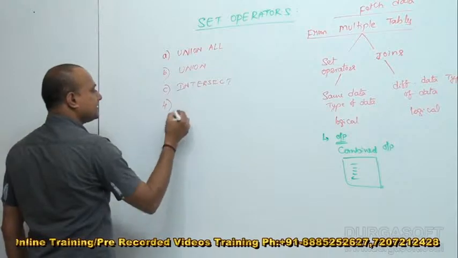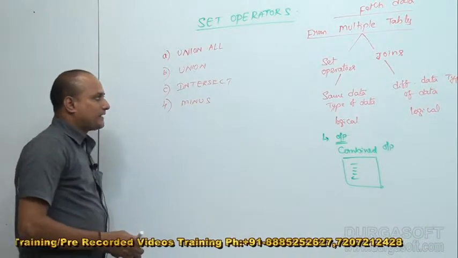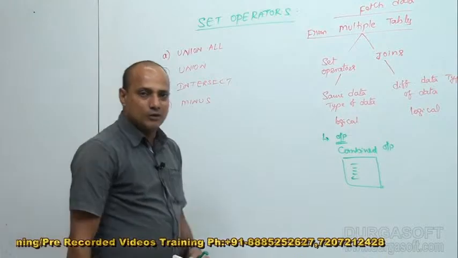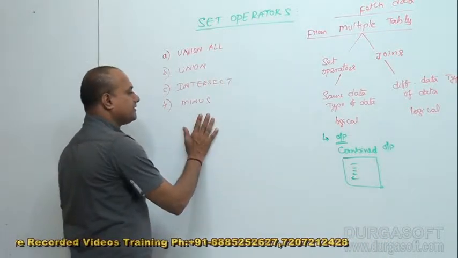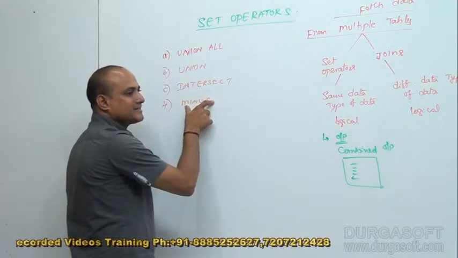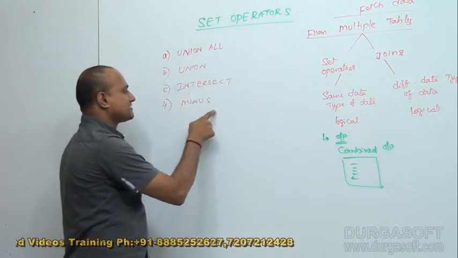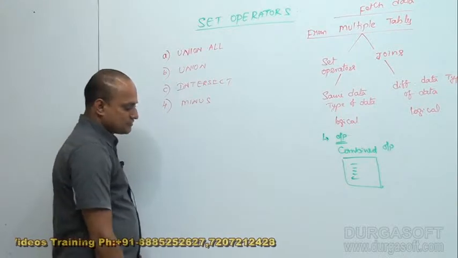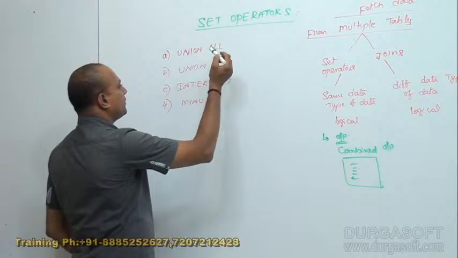And fourth is minus. These are the 4 set operators available under Oracle. In Microsoft SQL Server or Teradata, minus is known as except. In place of minus, the operator is called except. Remember that.